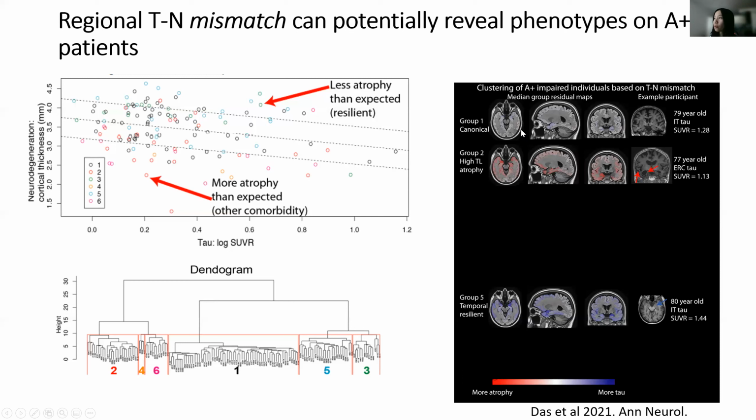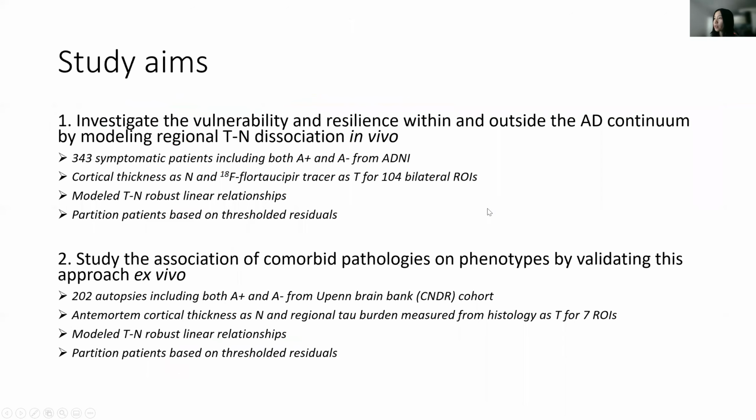Particularly, we defined the group with the largest number of patients, also displaying typical TN relationships in most of the regions, as canonical. We also found a vulnerable and a resilient cluster, mainly showing temporal limbic region greater neurodegeneration relative to tau pathology.